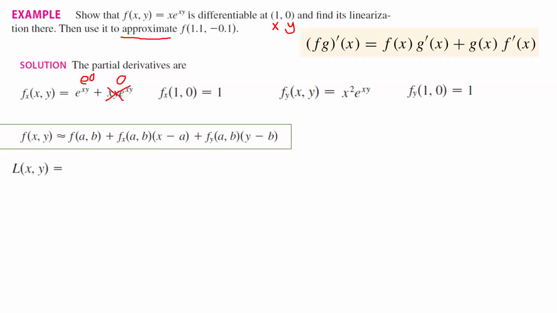Now the linearization is the z value, which is f evaluated at 1 and 0, plus the partial derivative of f with respect to x at 1 and 0 times x minus 1. We just calculated the partial derivative with respect to x, and we plug that in here, which is 1, times x minus 1.